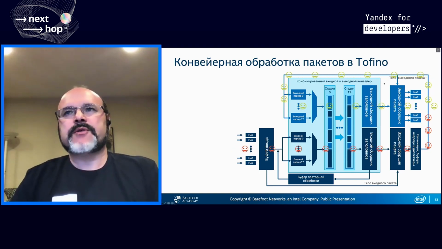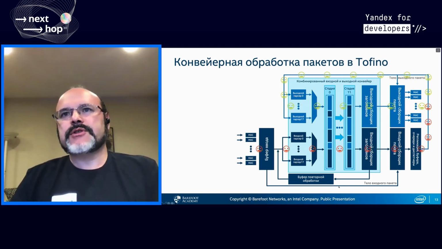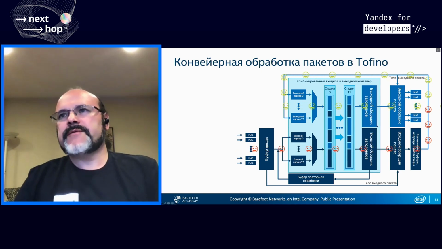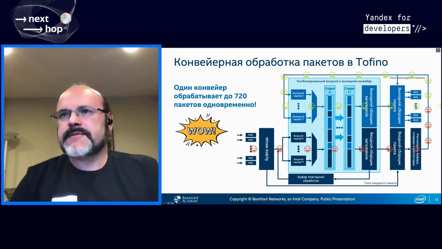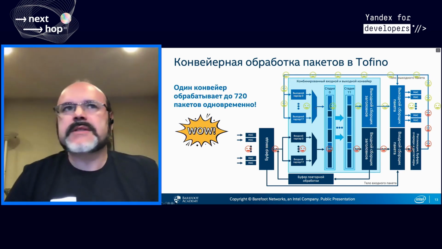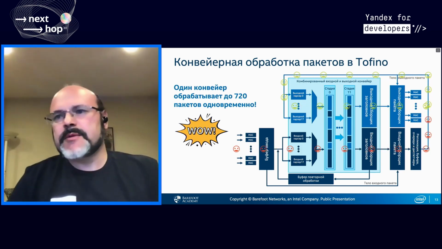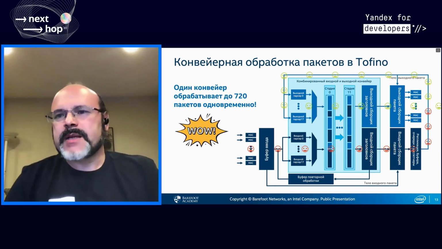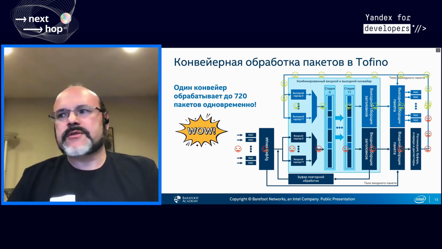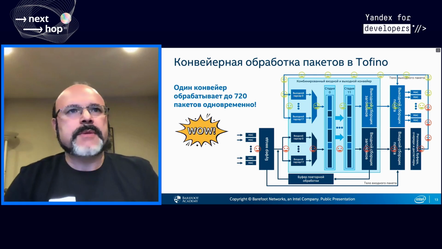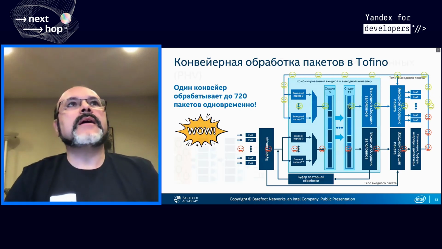And you can see here that at each cycle, there is one packet coming in, one packet coming out, and the whole device works with 2 pipelines at the same time. And we have several dozens of packets being processed at the same time. And one pipeline can process up to 720 packets at the same time. There are some other devices here. I'll tell you later about them.